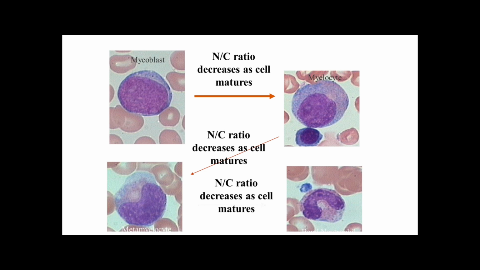Here also the ratio is reduced, and the shape of the nucleus is also varying. Then it matures further. During that time, the cytoplasm is increased and the nucleus is decreased.